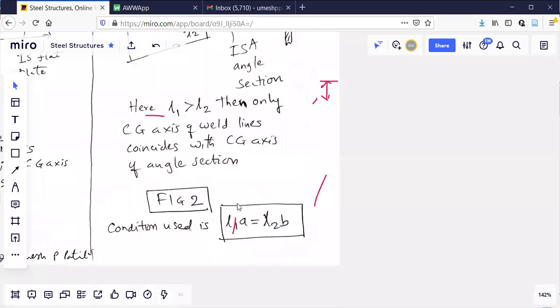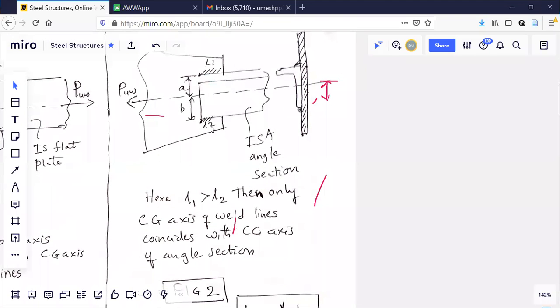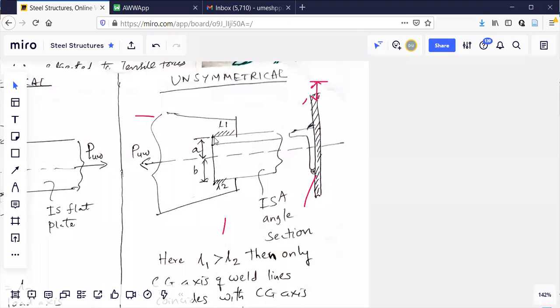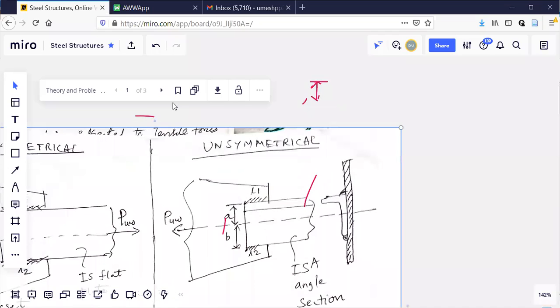So this is nothing but moments must be the same. Moments produced by these two forces about this load axis are the same. That you will learn here. Then the problem I'll show you. I'll solve a problem in which this condition is used.